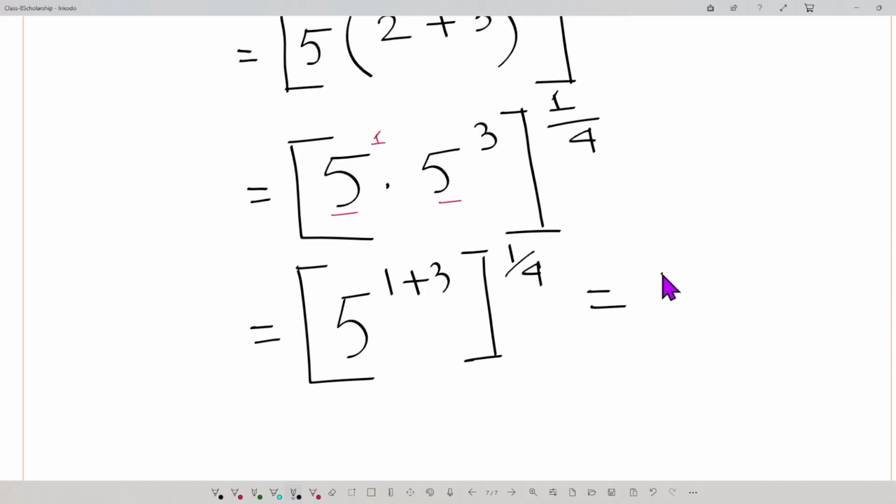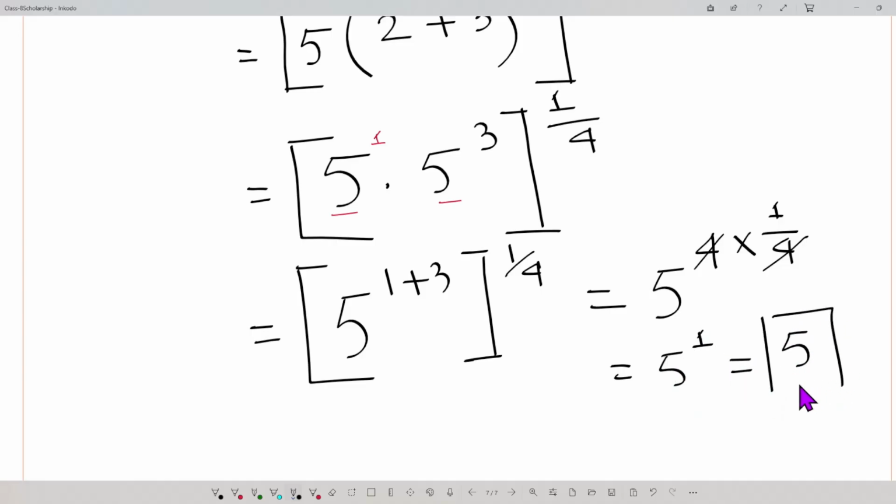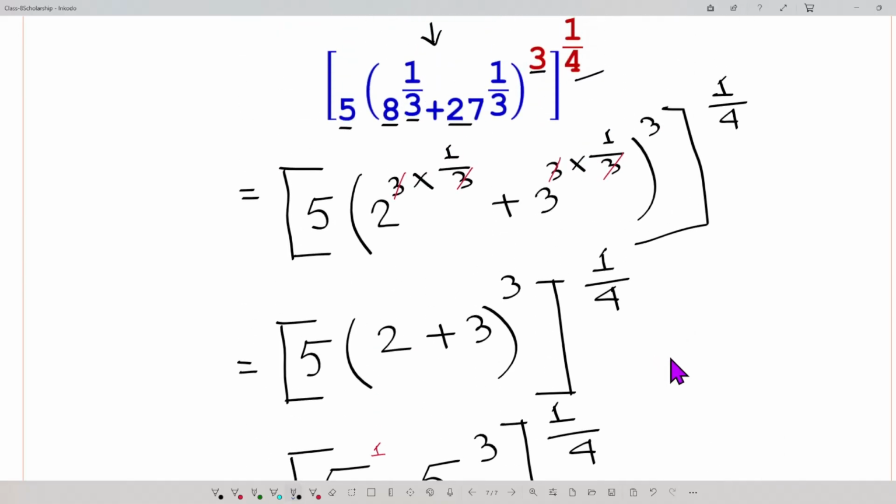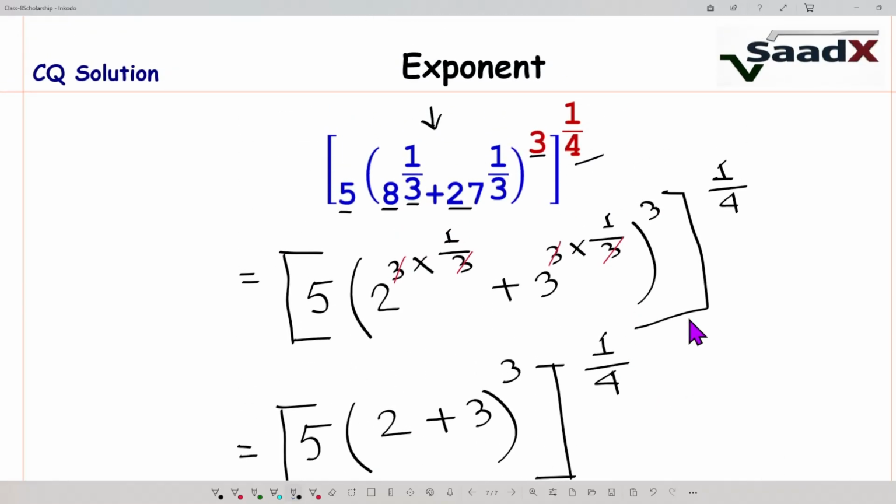So very simple, 5 to the power 4 times 1 by 4. So 5 and 5 cancel out, 5 to the power 1, and our answer is 5. Very simple. So if you try to solve step by step, look, this is very important, step by step, then any kinds of problem you can solve smoothly.